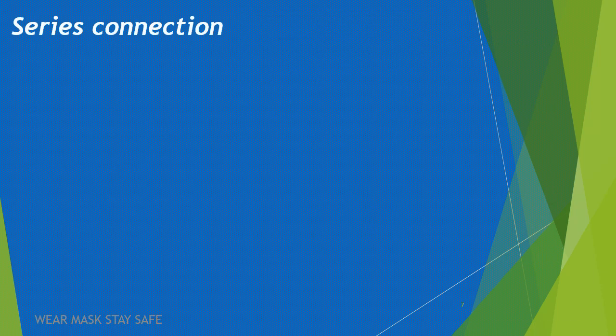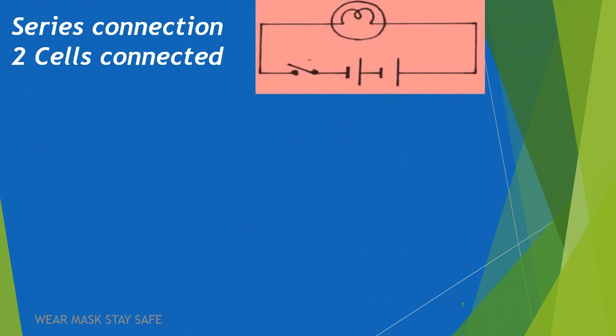Let us take the same series connection having two cells, not just one cell. Two cells means it is a battery. If you observe the two cells, you can easily see that one terminal is connected to another terminal.